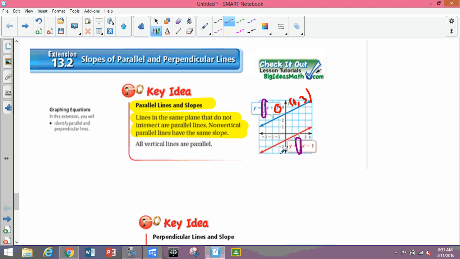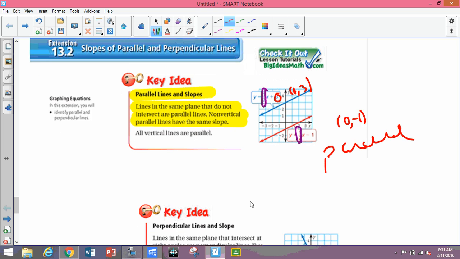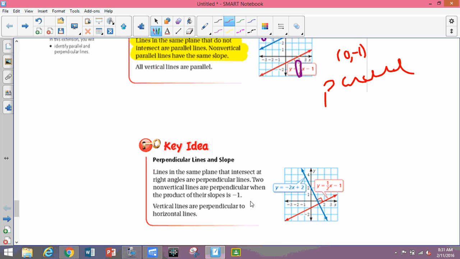And here, you're going to cross the axis at 0, -1. Okay? So your intercepts are different, but your slopes are the same. If your intercepts are different, but your slopes are the same, then you have a set of parallel lines. They are parallel. Okay? And I know that's really sloppy. I'm sorry. That says parallel.